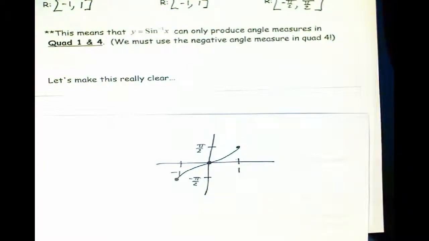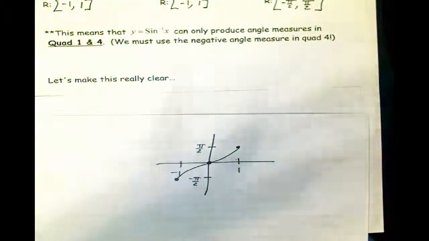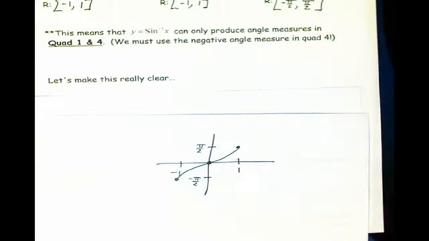We must use the negative angle measurements in quadrant 4 because we can't go through that circle anymore, because remember, we cut it in half. The left side of our unit circle does not exist anymore, so we have to actually go down to get to the fourth quadrant, which means that it is a negative angle down there, so be very careful. Okay?